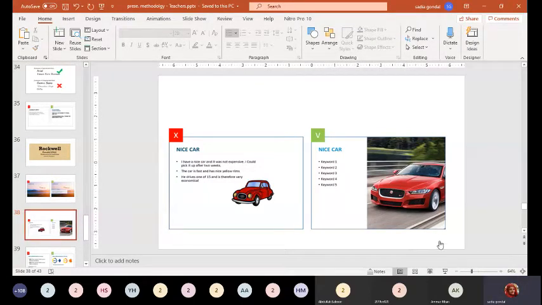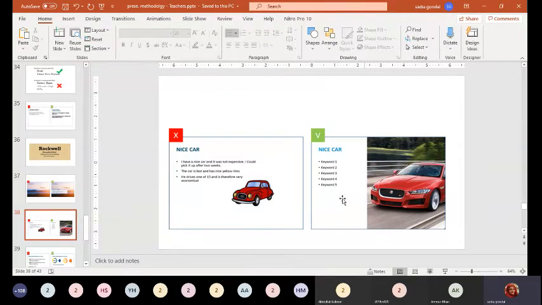Something which is crisper and gives a fresher look to the audience, right? Have a look at this one. We're describing the car, but the image that we are displaying is quite childish and immature, right? And have a look at this one. Fresh perspective, or you might say fresh picture, right?